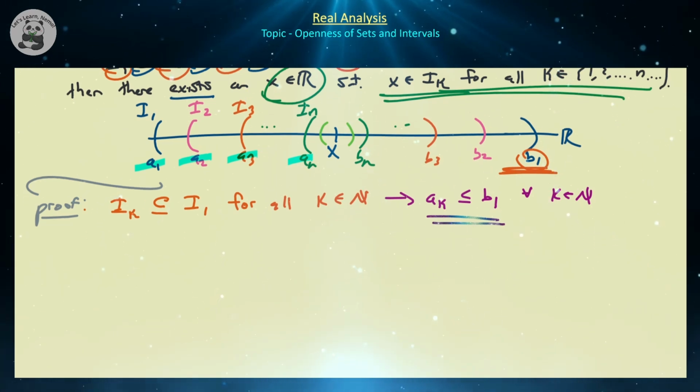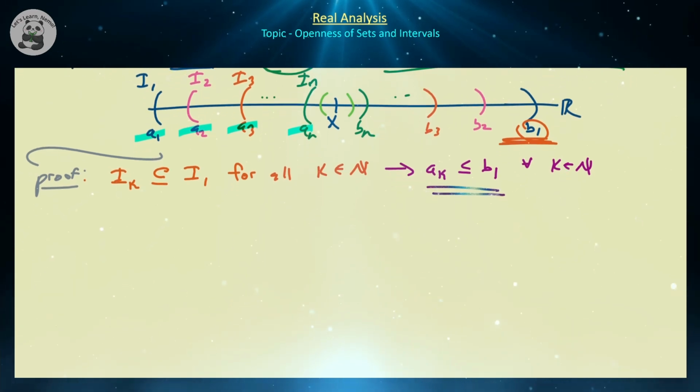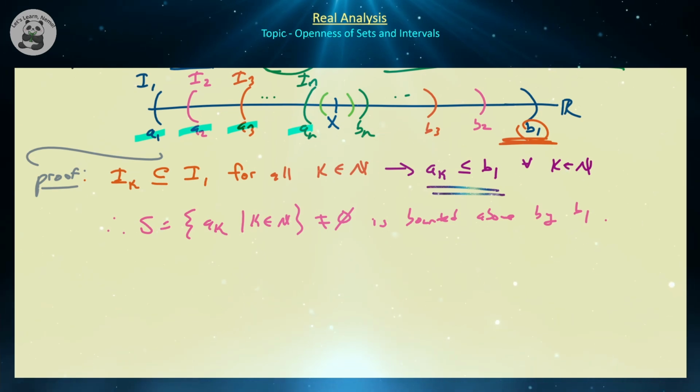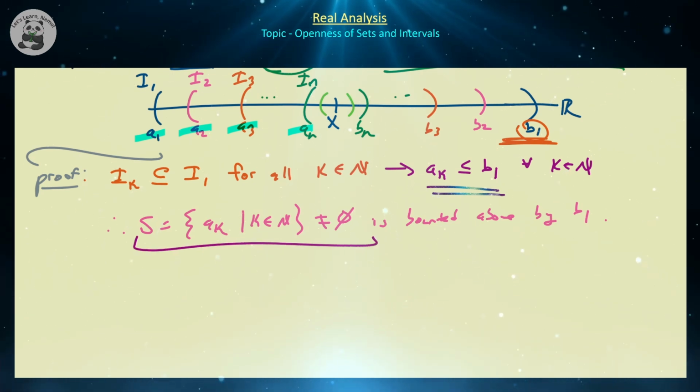If that is true, then the set, which I'm going to define to be S, of the lower bounds of this sequence, where k belongs to the set of natural numbers, is obviously not an empty set because it has at least a1 in it. This is bounded above by b1. So if that is the case, what exactly do we have? So we have a set and an interval.